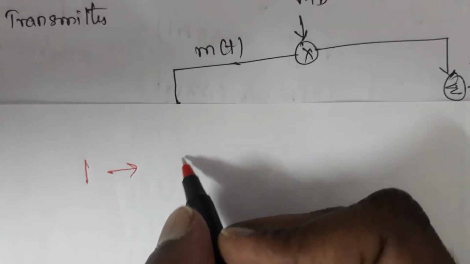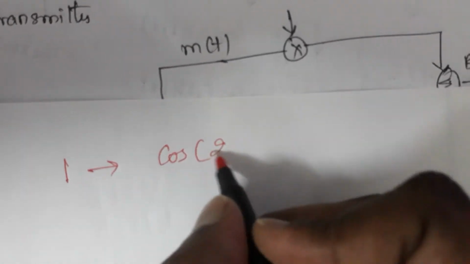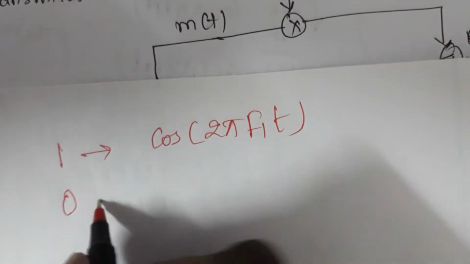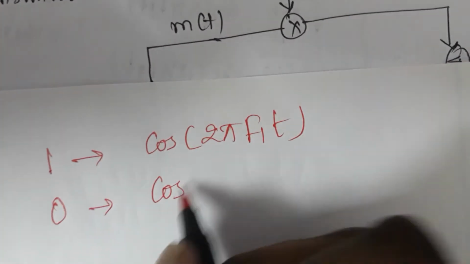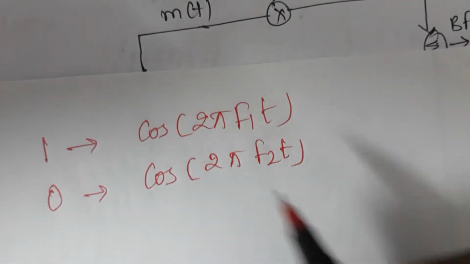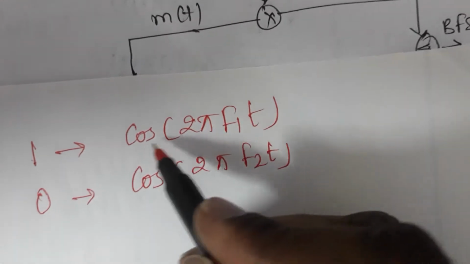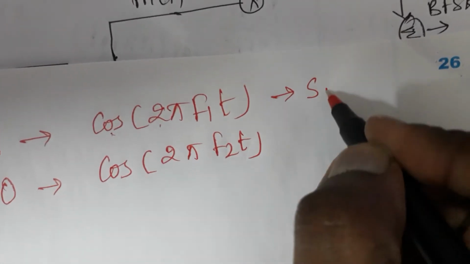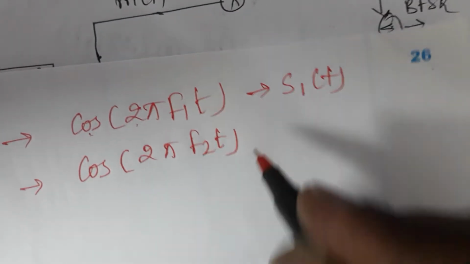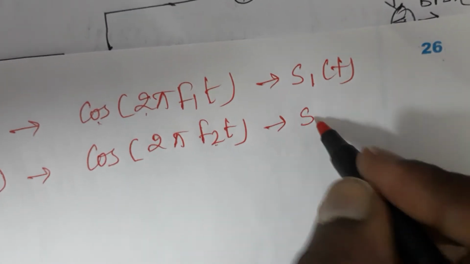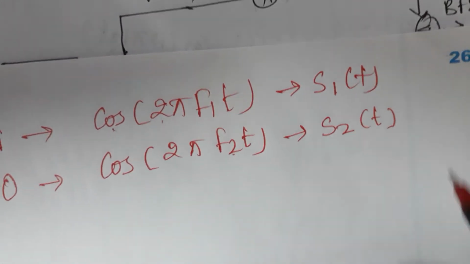Before that, when the data is 1, I'm going to pass cos 2 pi f1t. When the data is 0, I'm going to pass cos 2 pi f2t. When the data is 1, when I pass the high frequency carrier, I call it S1 of t. When the data is 0, when I pass F2, I say S2 of t.